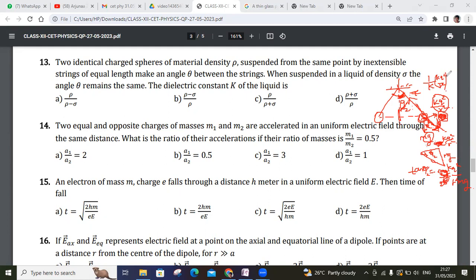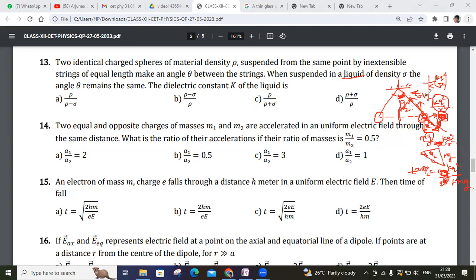Small k is 1 by 4 pi epsilon naught. This capital K is the dielectric constant. So this horizontal force will become this much. And vertical force, apart from T, what other forces are there? One is mg in vertical direction, and one more force is there because of this liquid. That is the buoyant force, which will be upwards, equal to density of the liquid into volume displaced into g.